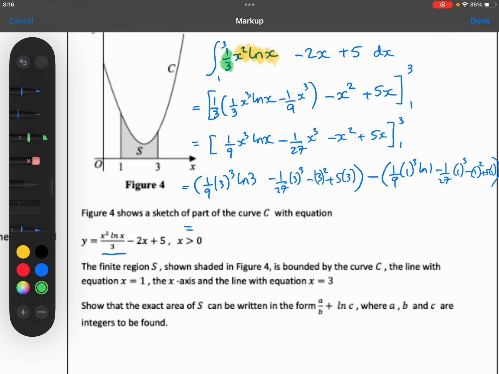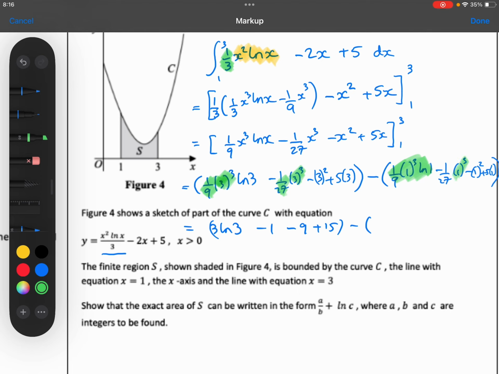So 3 cubed is 27, divided by 9 is 3. 3 cubed is 27, divided by 27 is 1. Then I've got the minus the 3 squared plus the 15. ln 1 is just 0, so all of that there is just going to be 0.